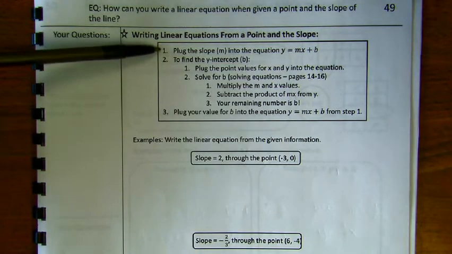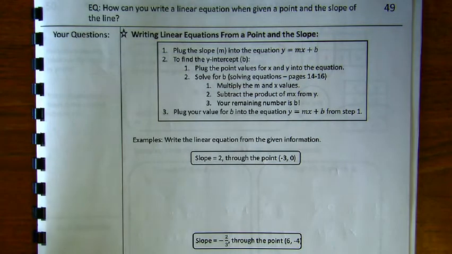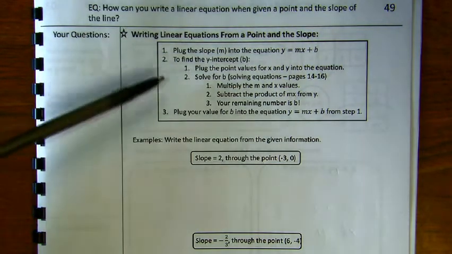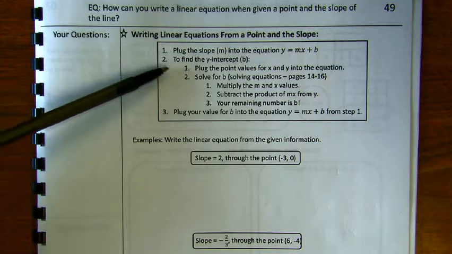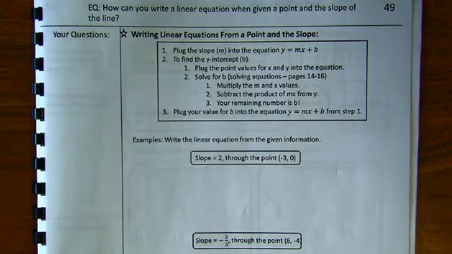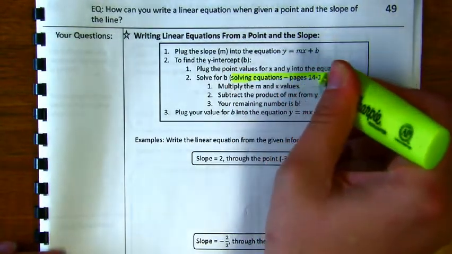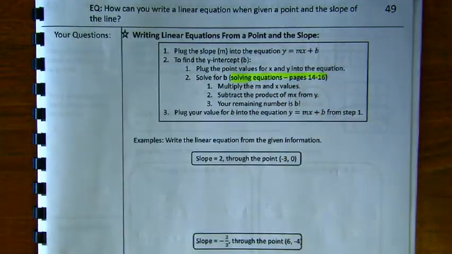First, plug the slope into the equation y equals mx plus b. Then you need to find the y-intercept. To do that, plug the point values for x and y into the equation, and then solve for b. If you need a refresher on solving equations, that's pages 14 through 16 in your notes.